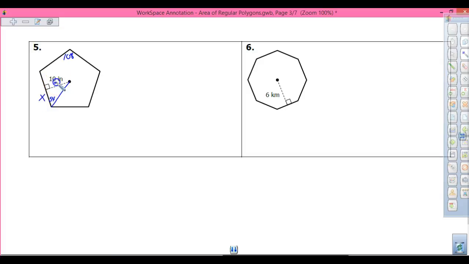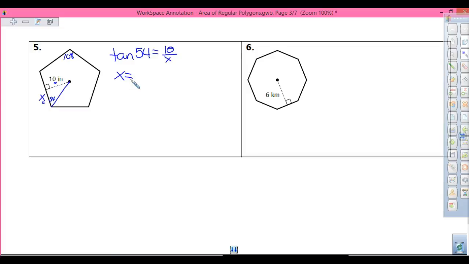My x is my adjacent. So with opposite and adjacent I use tangent. Tangent of 54 equals 10 over x. So 10 is on top, we have to divide. So take 10 divided by the tangent of 54.